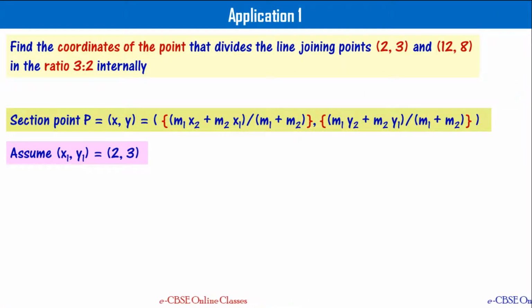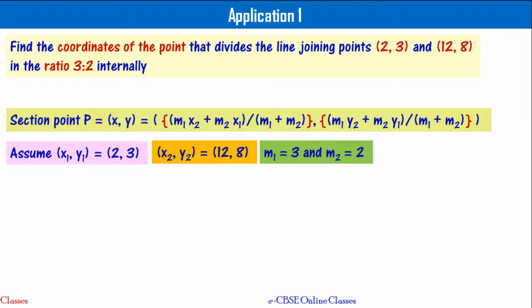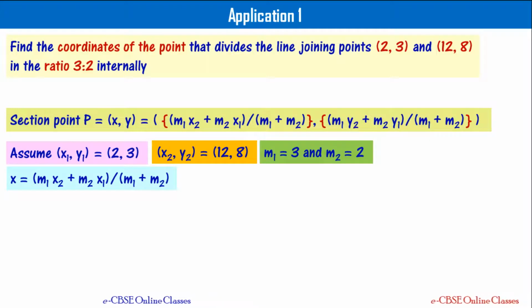Let's assume that x1 comma y1 equal to 2 comma 3 as given in the problem, and x2 comma y2 equal to 12 comma 8, m1 equal to 3 and m2 equal to 2. We know that x component of section point can be written as m1 x2 plus m2 x1 divided by m1 plus m2, right?